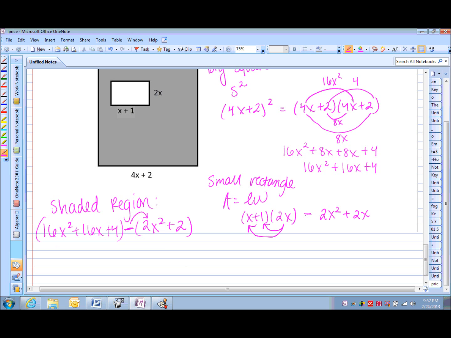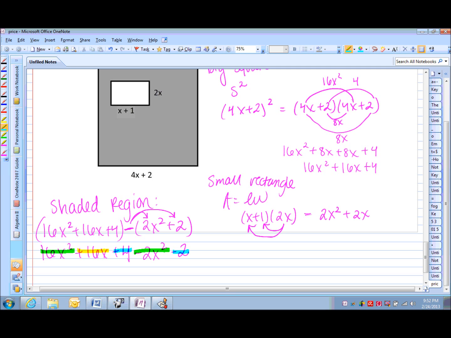Well, I have to distribute this negative to get rid of the parentheses. And when I do that, I'm left with 16x squared plus 16x plus 4 minus 2x squared minus 2. And then I just combine like terms. The x squareds I combine. The x's I combine. Oh, and there's only one. And then my constants, the 4 and the negative 2.